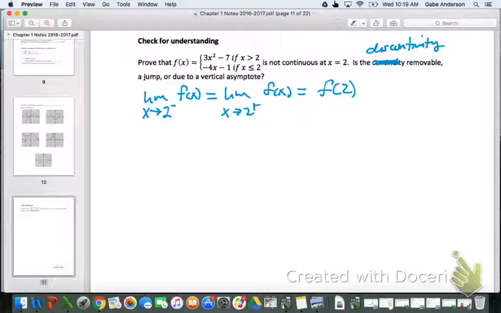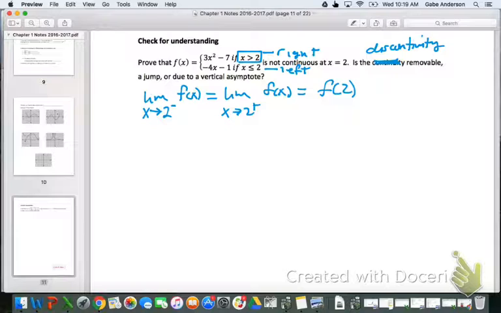So here's what we do. I'm going to look at my piecewise graph here, and I'm going to notice x is greater than 2. That tells me that this is the right part of the graph. And because this is x is less than or equal to 2, that is the left part of the graph. And so I'll use that as I try to work with my limit statement here.